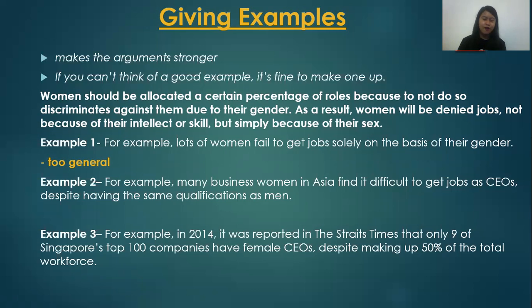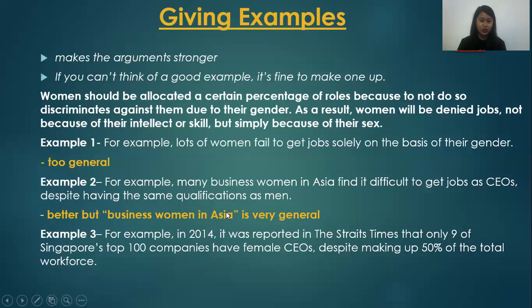It just says, for example, lots of women fail to get jobs solely on the basis of their gender. Okay, yeah, it's accurate, but it's too general. Example 2. Well, this one's better, but still, business women in Asia is very general.